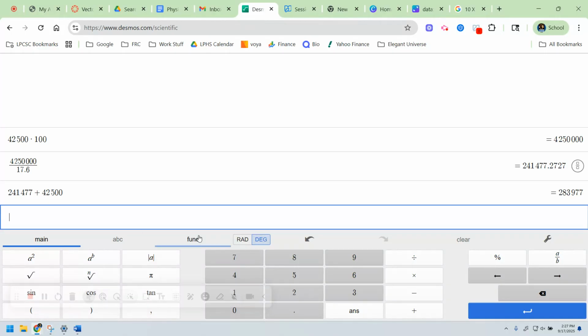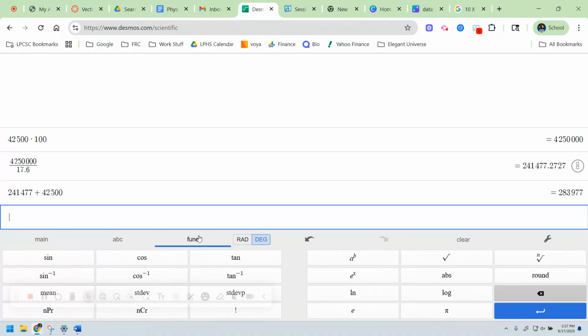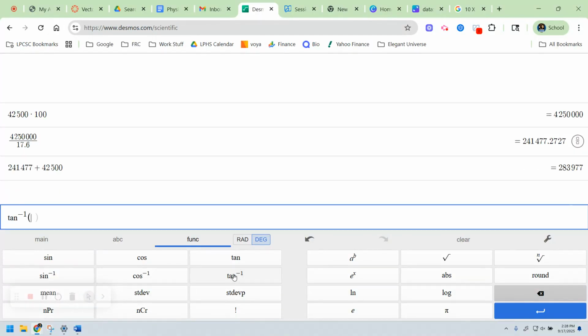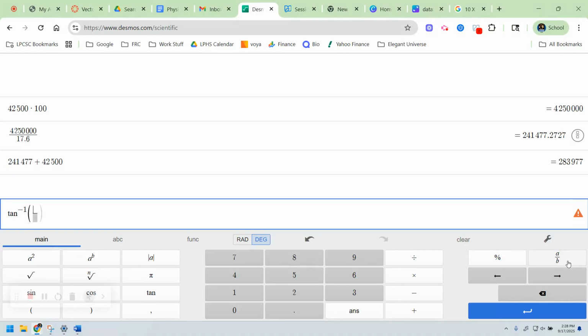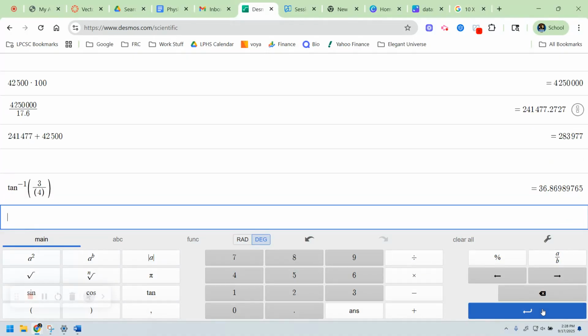You have to click here where it says function, and I'll post this so you guys can look at it later. Then you're going to choose arctan, and then I'm going to go back to the main menu, and I'm going to say 4. No, it was 3. 3 divided by 4, right? Because the y was up and down, that was 3, and the x was this. So now when I do it that way and I close the parentheses, it says that it's about 36.87 degrees.